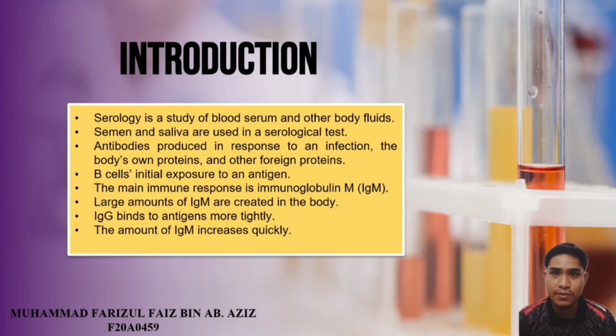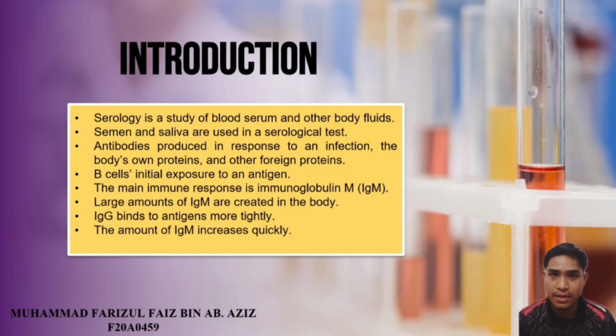The main immune response produces an antibody called immunoglobulin M, that is IgM, which is important in battling infection. Large amounts of IgM are created when an antigen is first introduced into the body. IgG, a highly specific immunoglobulin, is being produced by B cell more slowly in the meantime.